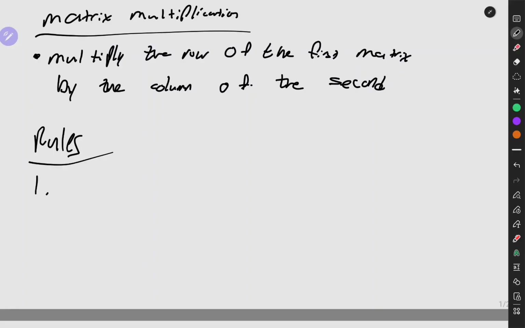So the number of rows in the first matrix, that does not look right.